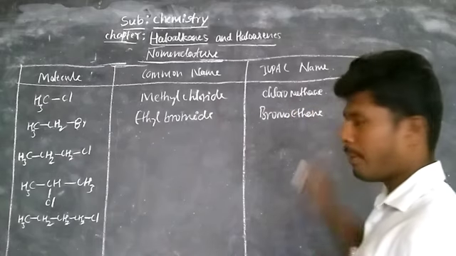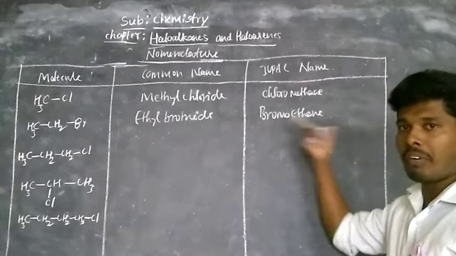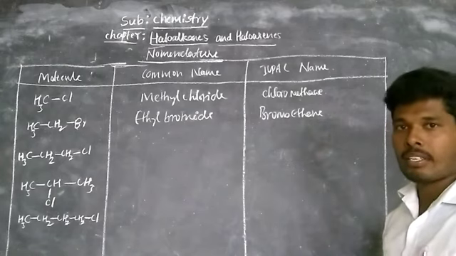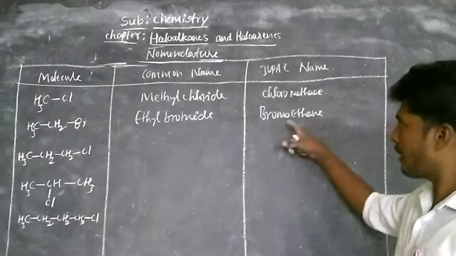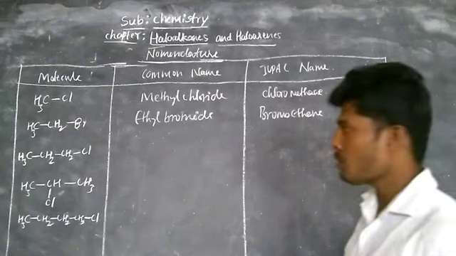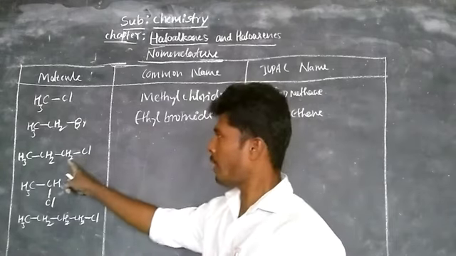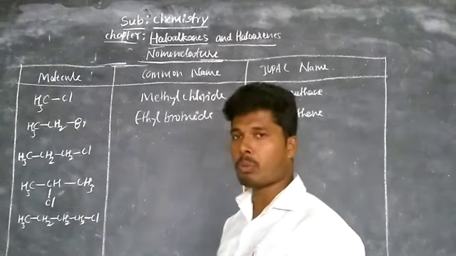The IUPAC name should be written in one line without space, and the beginning is capital, then all are small only. So similarly here, 1, 2, 3, three carbon atoms, root word is prop.